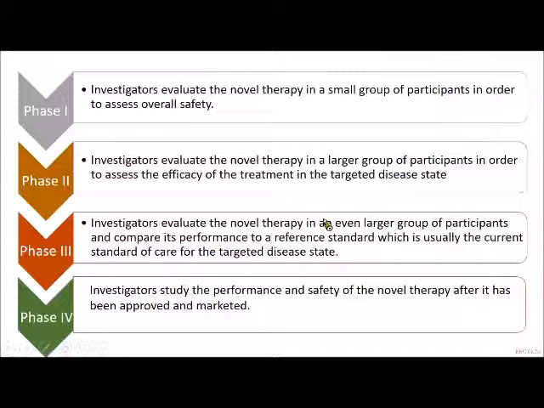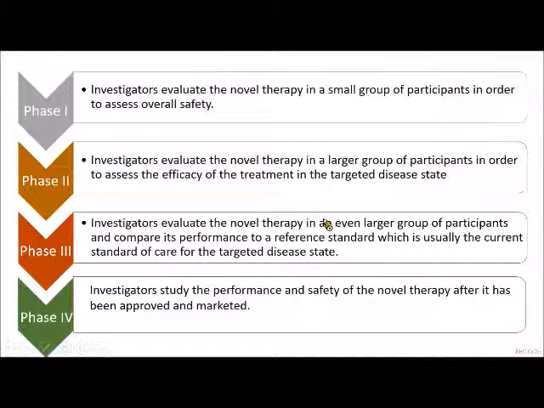And Phase 3, investigators evaluate the novel therapy in an even larger group of participants and compare its performance to a reference standard, which is usually the current standard of care for this target disease state.